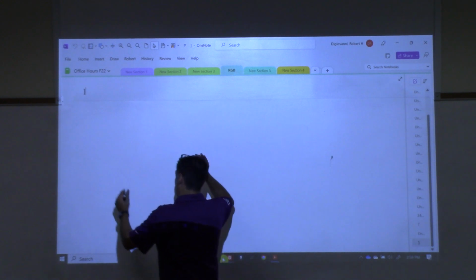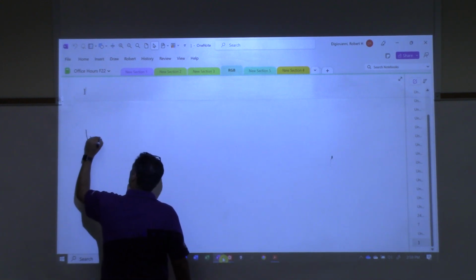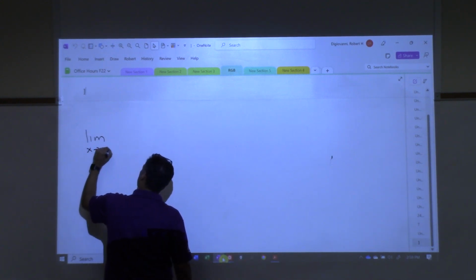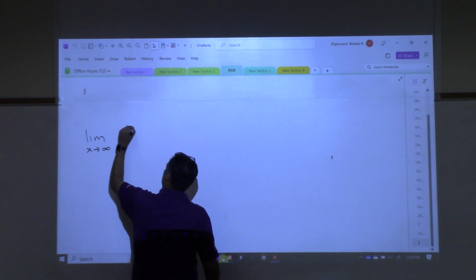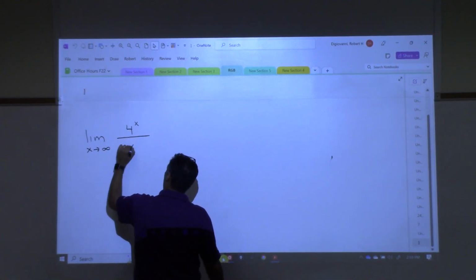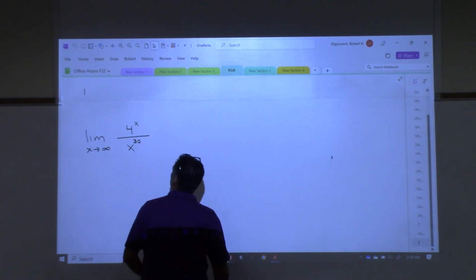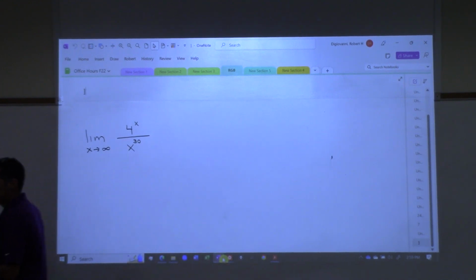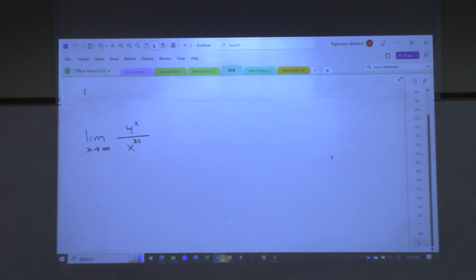Okay, limit as x goes to infinity of 4 to the x over x to the 30th power. Here's what I'm going to do. I'm going to go to Desmos first.